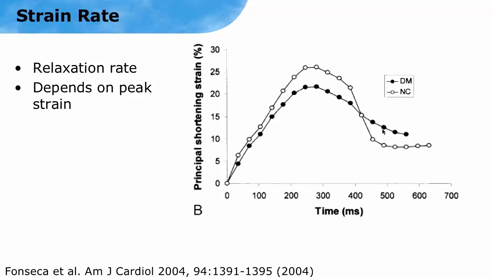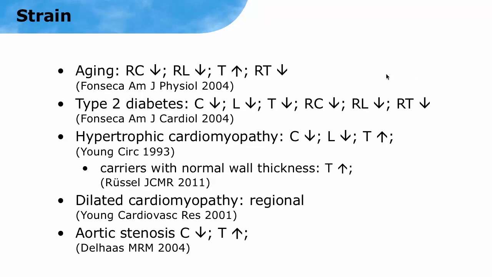And similarly with aging, you do see more differences with aging in relaxation rate than in the strain itself. There have been a lot of publications over the years in terms of the differences in strain in different cardiomyopathies. One interesting one which is coming out about hypertrophic cardiomyopathy is that you can see differences in torsion in carriers with normal wall thickness before they start to develop symptoms.